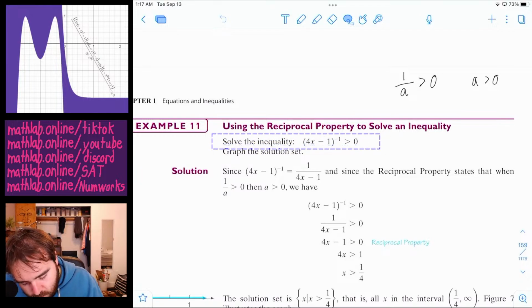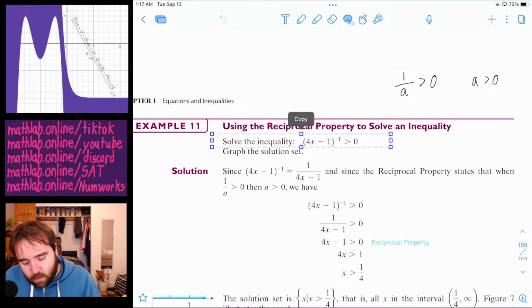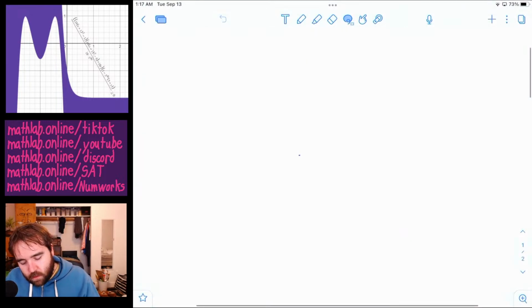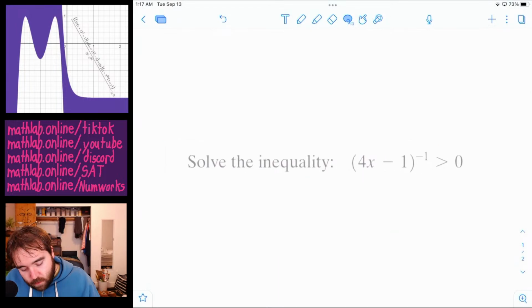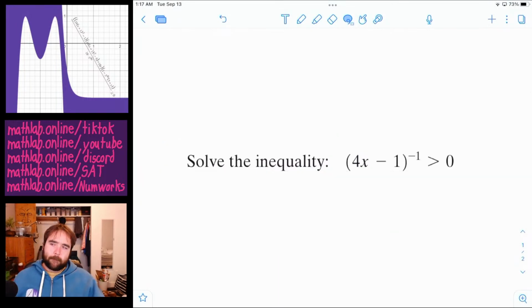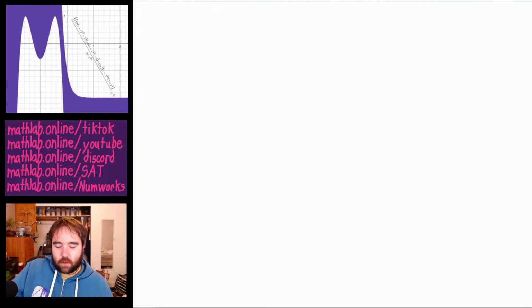All right. How even do you solve this inequality? Well, okay, we're going to write it as a fraction. Yeah, okay, I see. We need to take a screenshot.